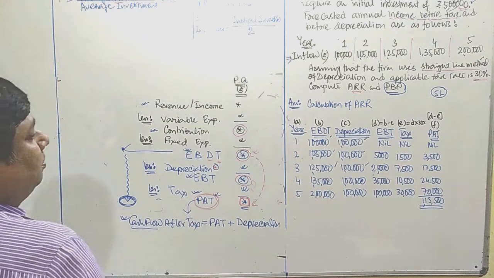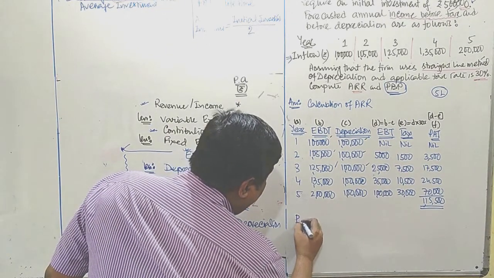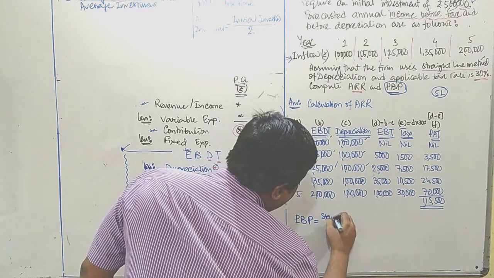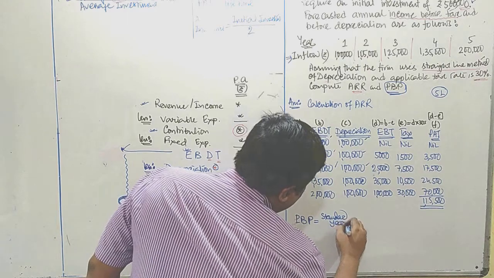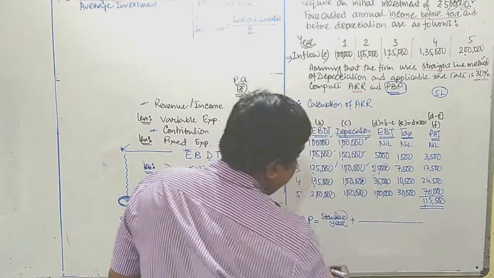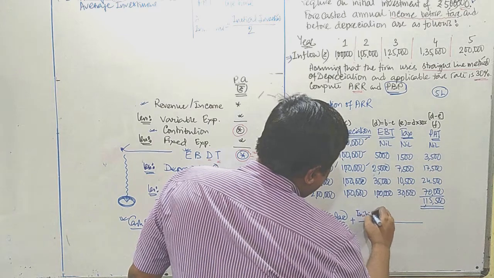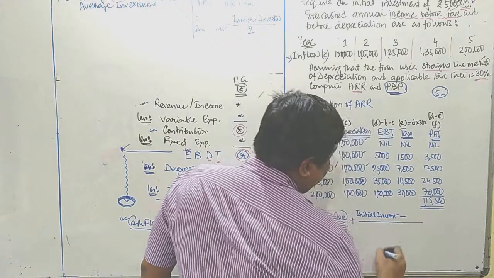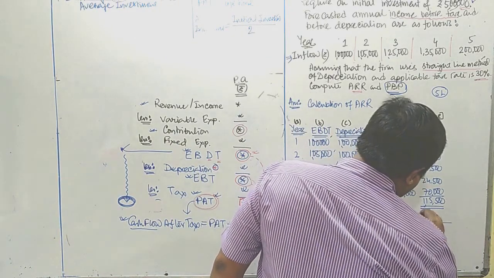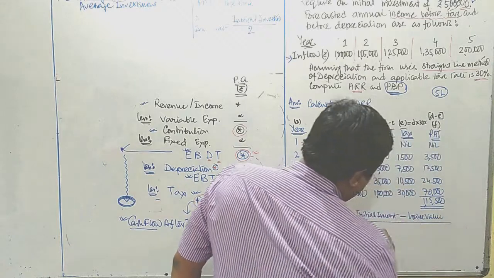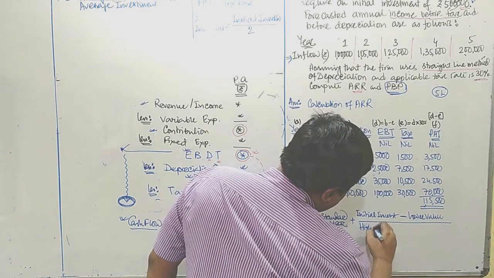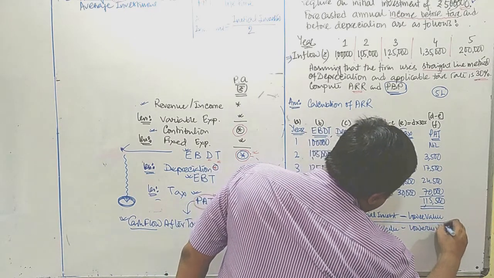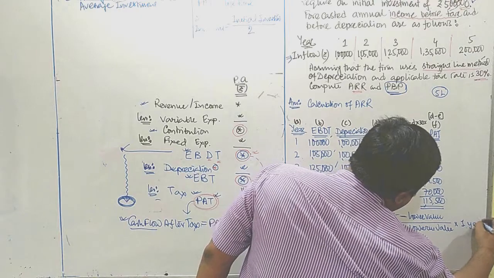Follow the formula, payback period, PBP in short. The formula is standard year plus initial investment minus lower value, divided by higher value minus lower value, into 1 year.